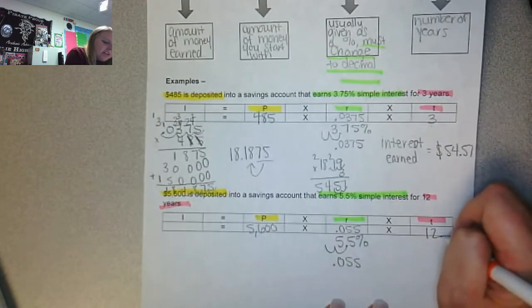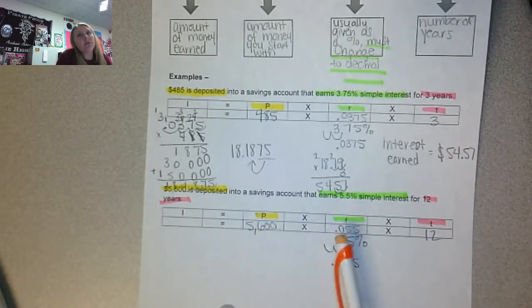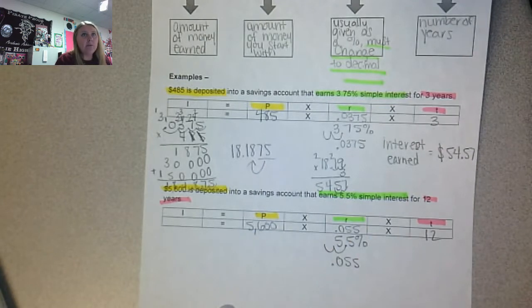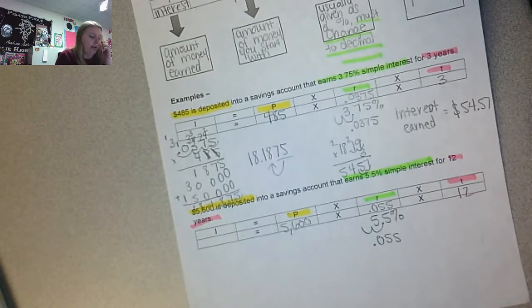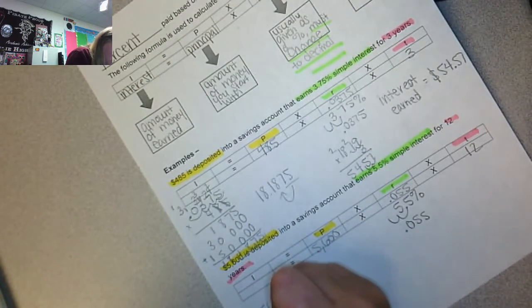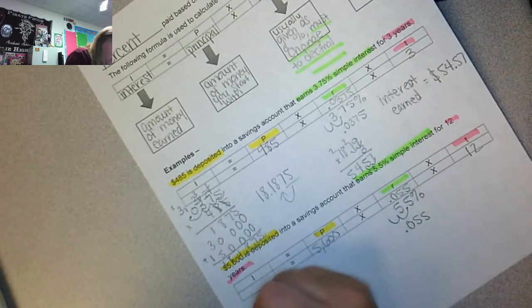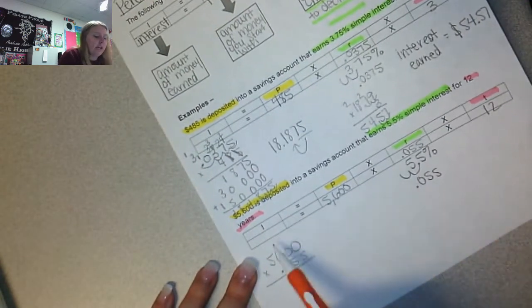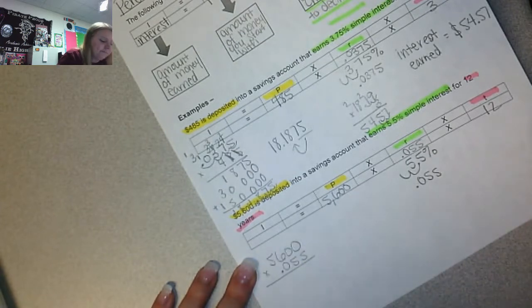Now the next thing you're going to do is multiply across the principal, the rate, and the time. I'm going to multiply the principal and the rate to see how much money I'm earning per year. So that means for 1 year, how much money do I earn by keeping my money in the bank? Just a quick tip, make sure that you're lining up your digits and not your decimal.